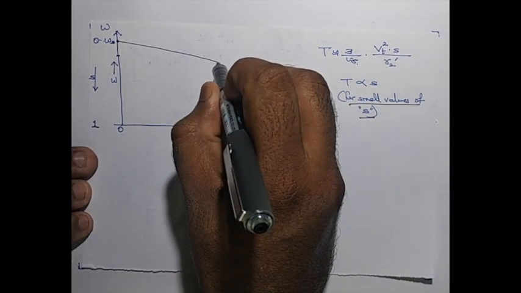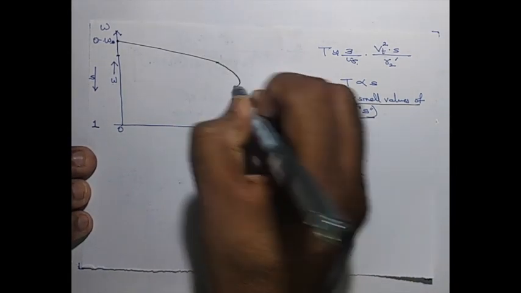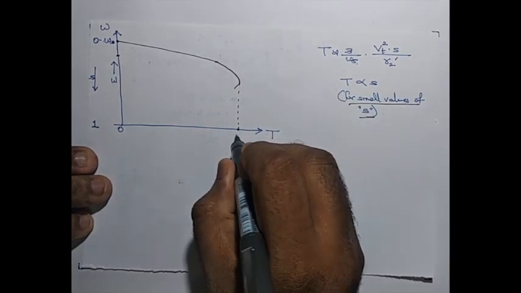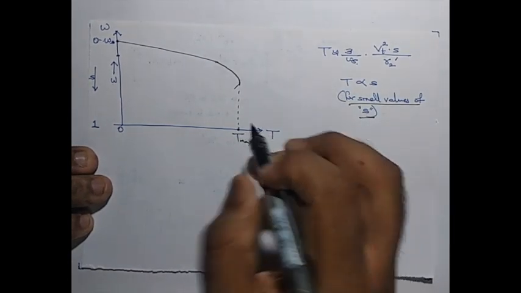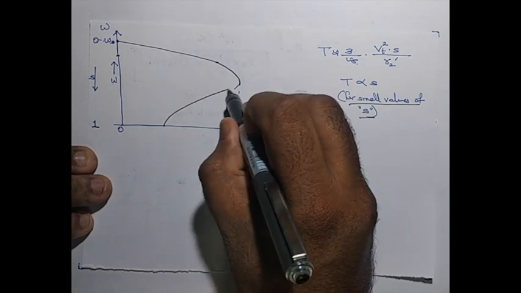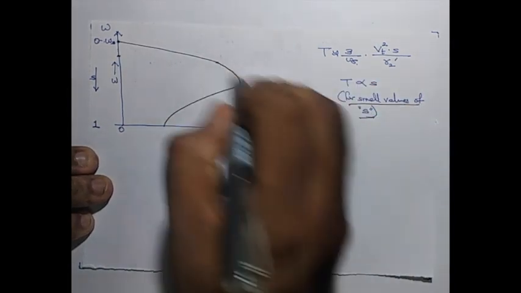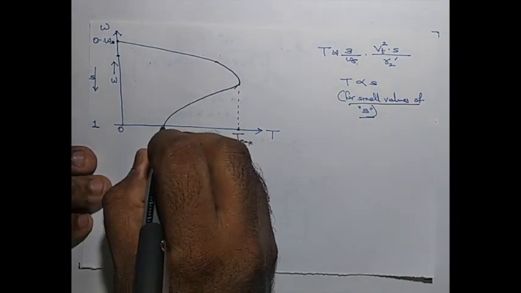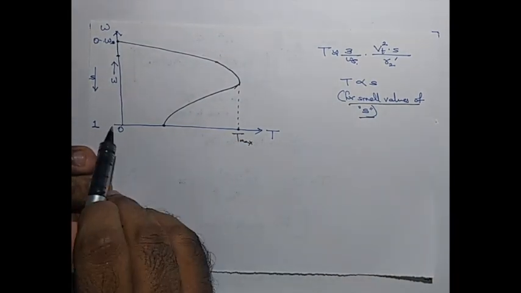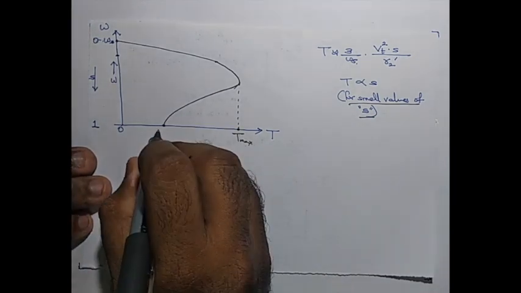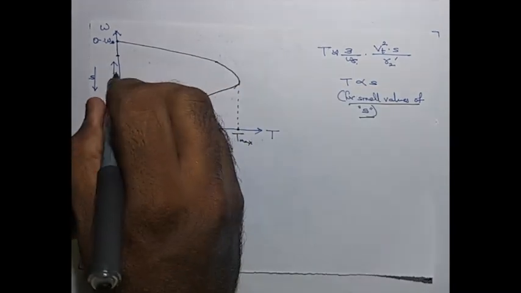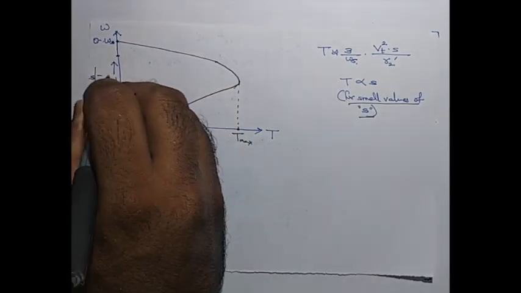After that, it will reach its maximum point, which corresponds to maximum torque, after which it will have a shape something like this. And what is this? The torque when speed is equal to 0, which is your starting torque, and this is your maximum torque.